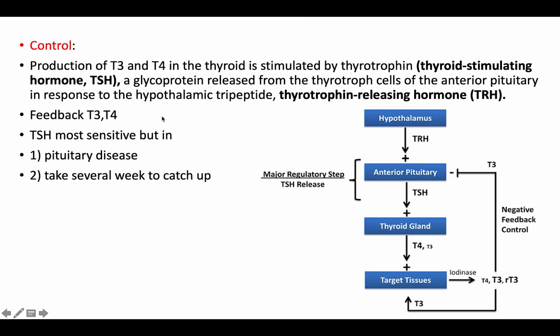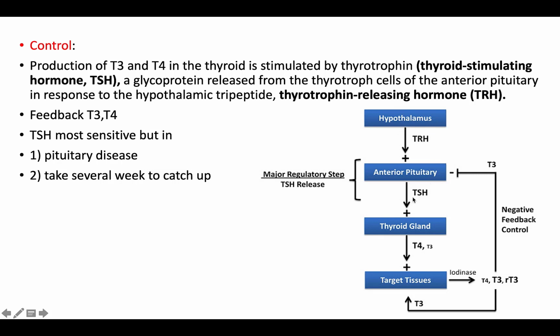Now regarding the control of the hormone. The control is by the hypothalamus and anterior pituitary. The hypothalamus secretes thyrotropin releasing hormone to the portal network between the hypothalamus and the anterior pituitary gland, and then stimulates the TSH, which is the thyroid stimulating hormone.